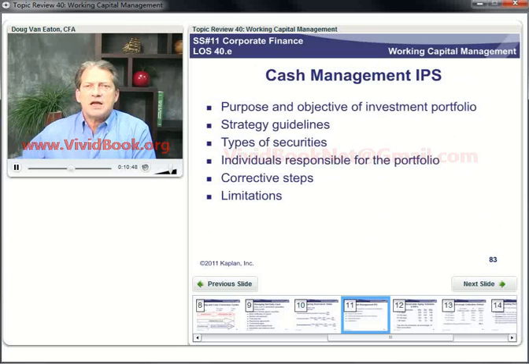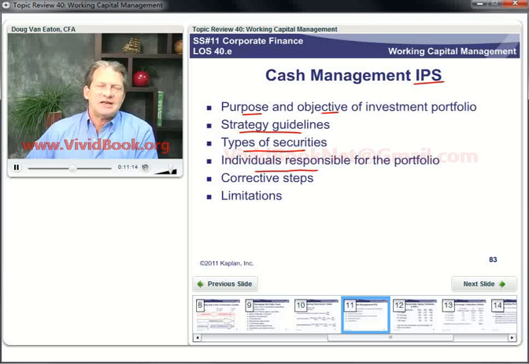Now, for our cash management strategy, we have an investment policy statement, which should spell out, and this is just a general outline, the purpose and objectives of the investment portfolio, what we're trying to achieve, and then some guidelines on strategy based on what we're trying to achieve, and what types of securities are allowable, and who is responsible, who's allowed to buy and sell for this portfolio.